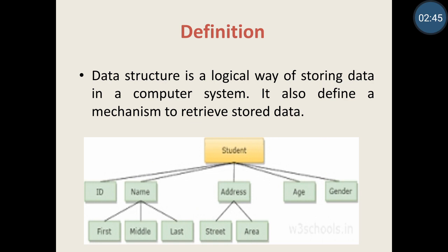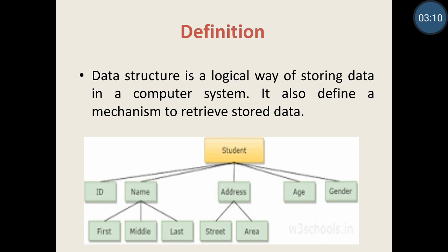Now let's continue with the previous example of student. Student is an entity which has ID, that is roll number, name, address, age, gender. So these are the attributes of student. Here name and address can be subdivided into other values.